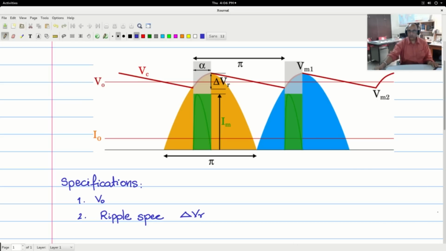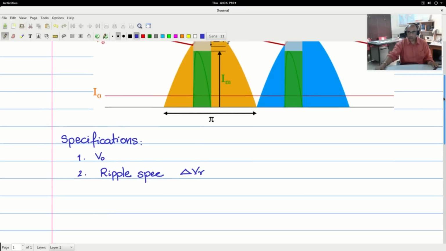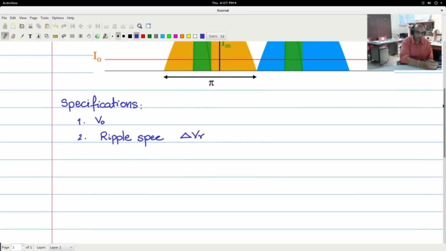Then what else would be given is the power P naught, the output power.